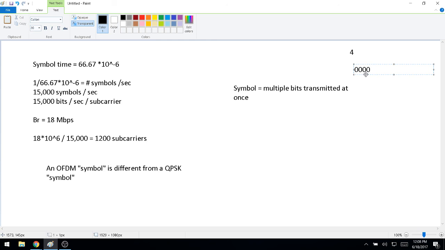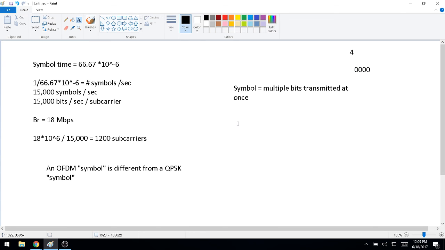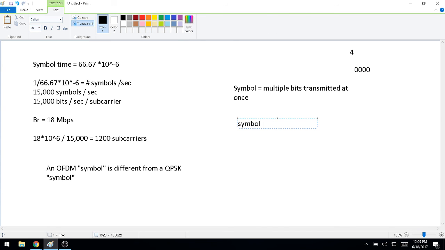That's not what a symbol means in OFDM. In OFDM, a symbol basically equals a group of samples from each subcarrier. Let me make sure that's clear.